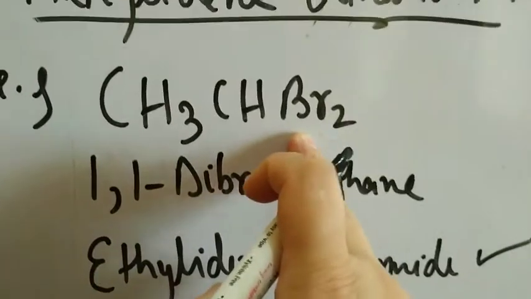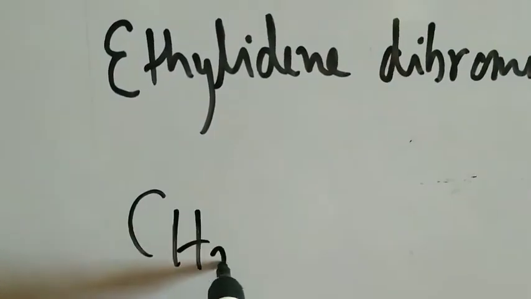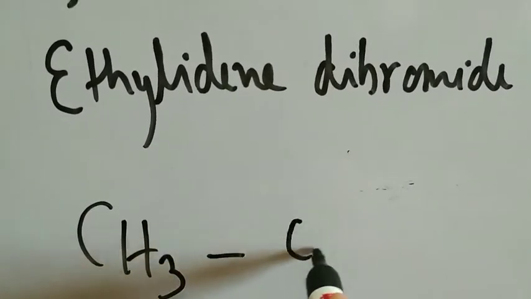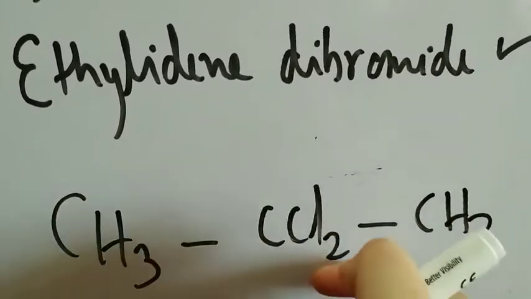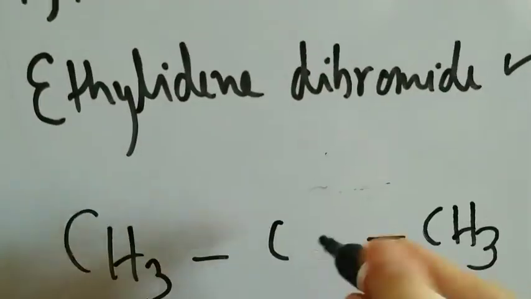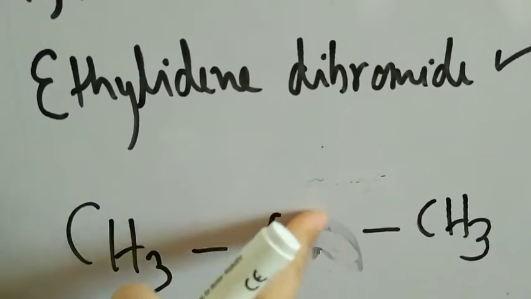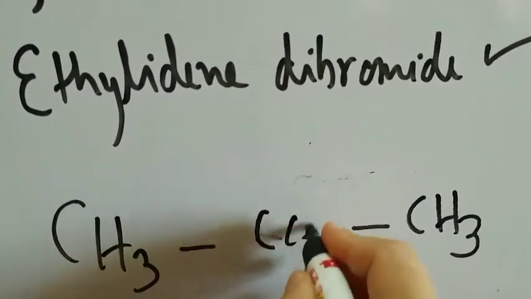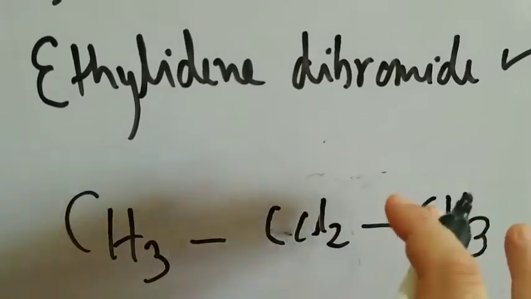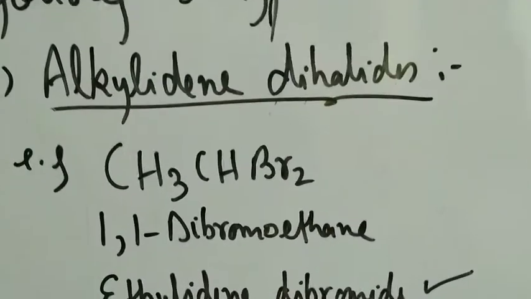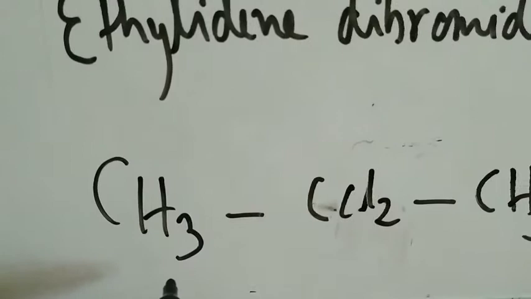And it is not necessary that these halogen atoms will be terminal. They can be in the middle of the chain also, like CH3, CCl2, CH3. What was the compound? The compound was CH2 propane. Now, both the hydrogen atoms have been replaced by two chlorine atoms, and those two chlorine atoms are present on the same carbon atom. Since they are present on the same carbon atom, it is an alkylidene dihalide. In common system, what will be its name?